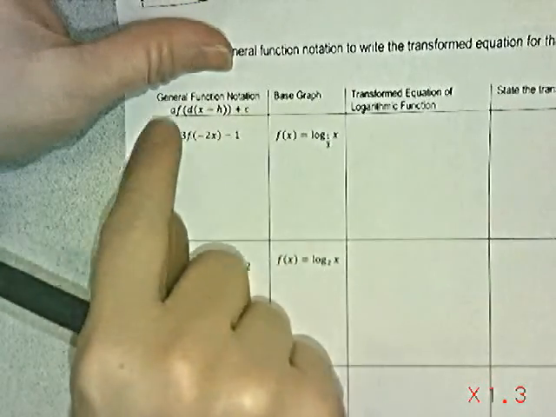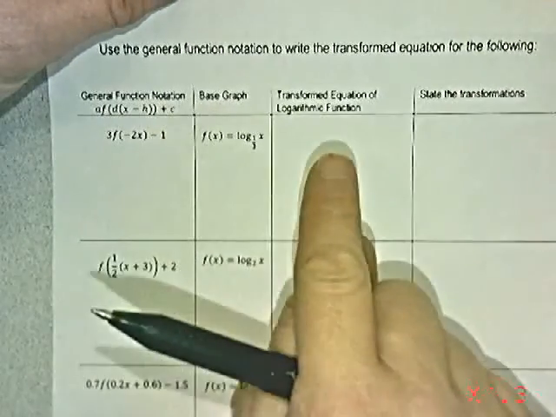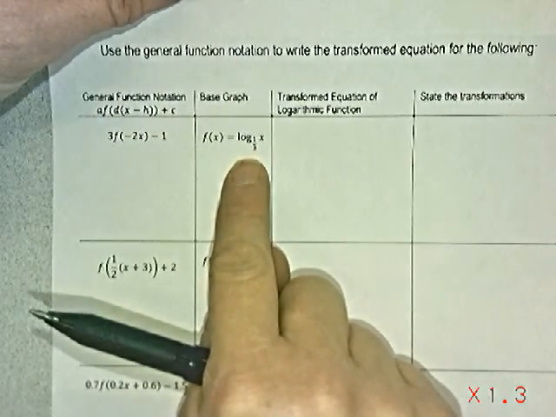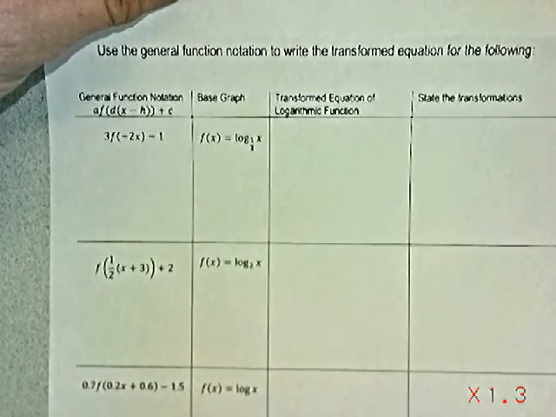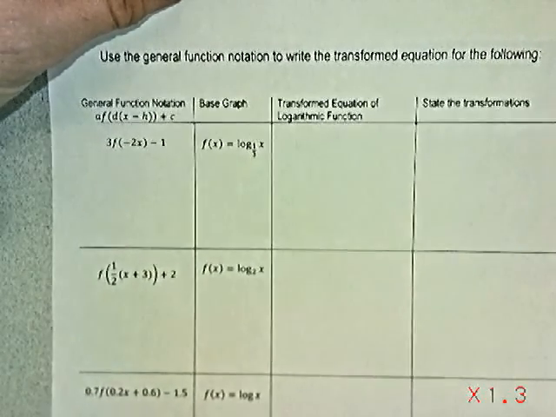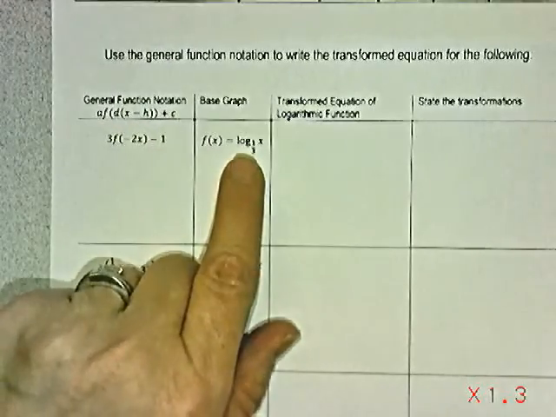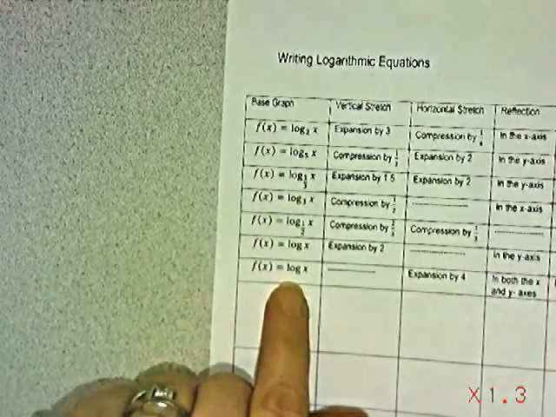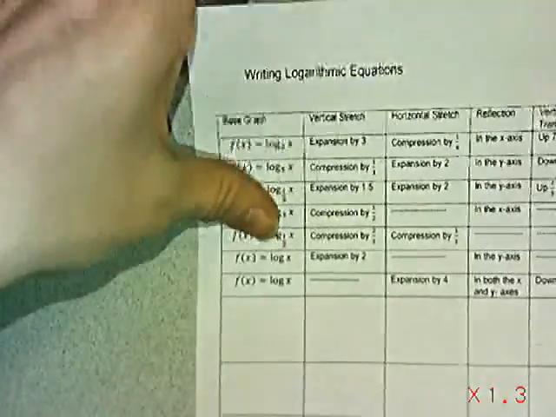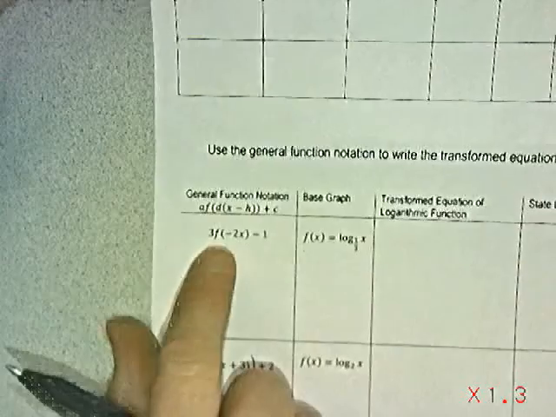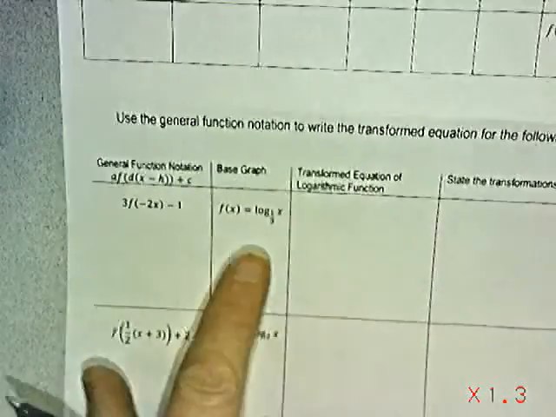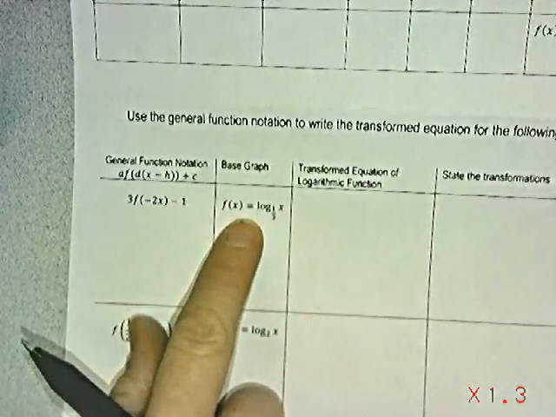If you applied this general function notation to this log graph, now notice it's not a base 10. Our curriculum doesn't have us graphing more than base 10, but we can certainly write equations of more than base 10. And you'll notice here that we had some different logarithmic bases as well. So use the log base graph that is suggested in each question, and the general function notation. Place the numbers into the curve in the right position, and then state their transformations.